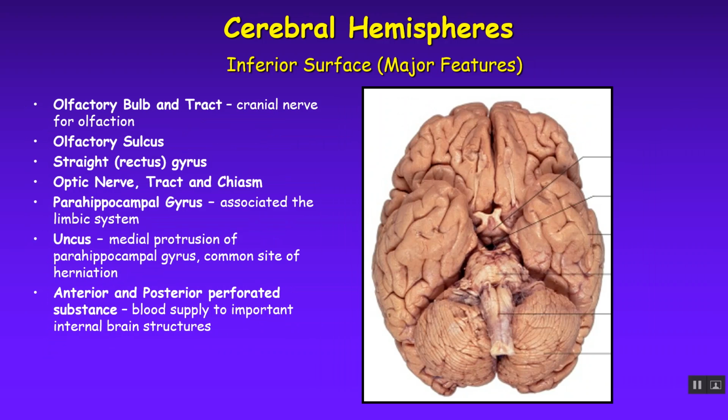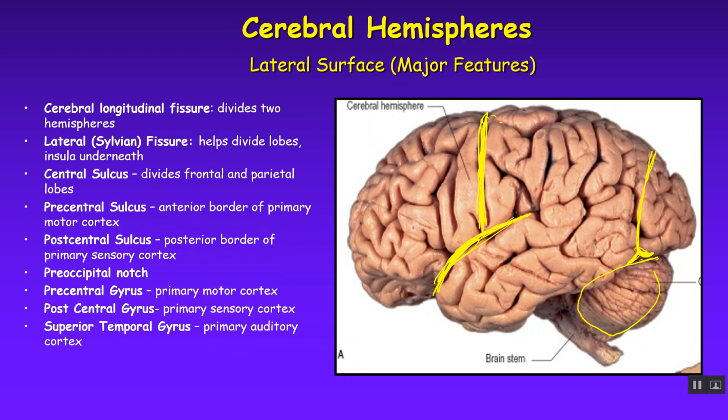You connect it on the other side, and then you just extend this lateral sylvian fissure out, and now we've got frontal lobe, parietal lobe, temporal lobe, and occipital lobe back here. Okay, so that divides that up.